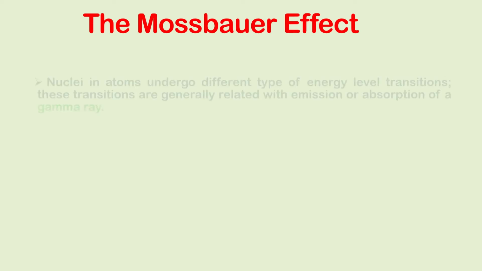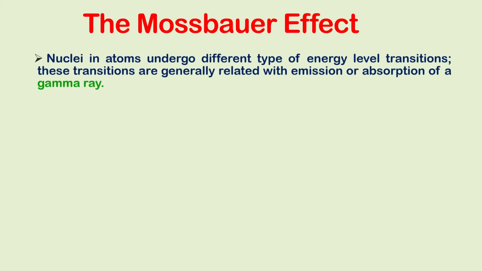The Mossbauer effect. What is the Mossbauer effect? Nuclei in atoms undergo different types of energy level transitions. These transitions are generally related to the emission or absorption of a gamma ray.